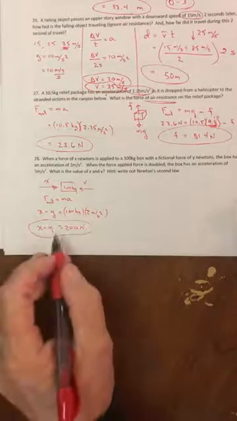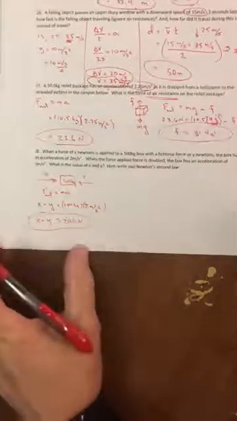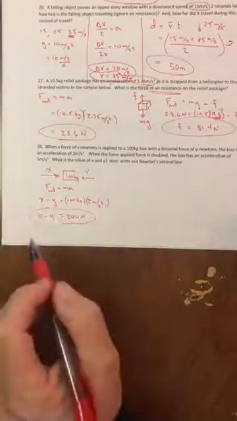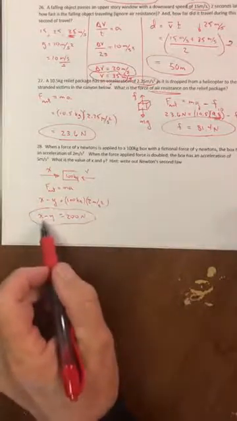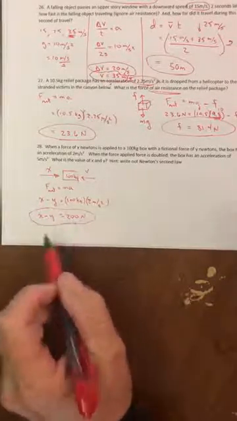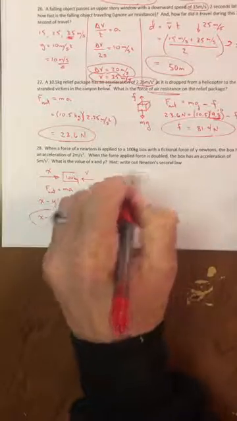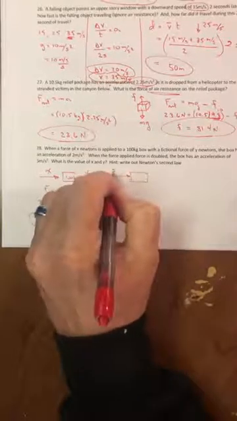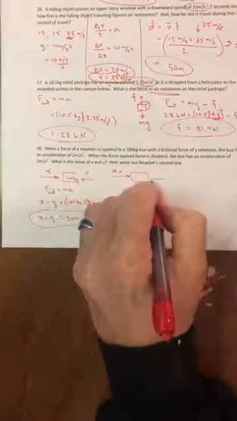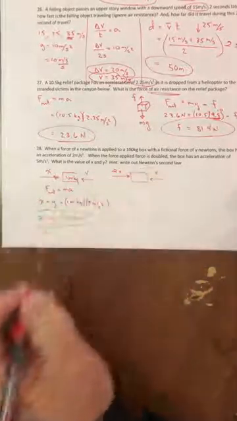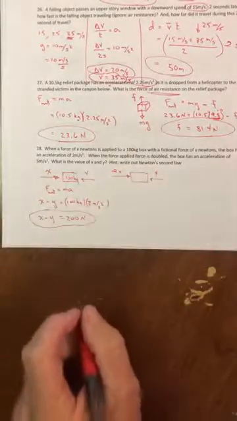Now, that by itself, we can't solve for x and y separately. We just know that the net force, so x minus y, is 200. But here it says when the applied force is doubled. So if I were to redraw this, now I would be pushing with a force of 2x. And an important part of this chapter was to realize the friction stays the same. So we still have y.